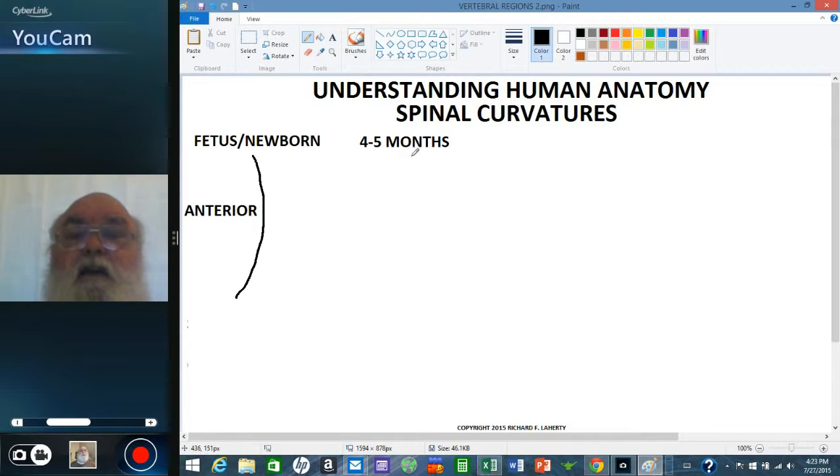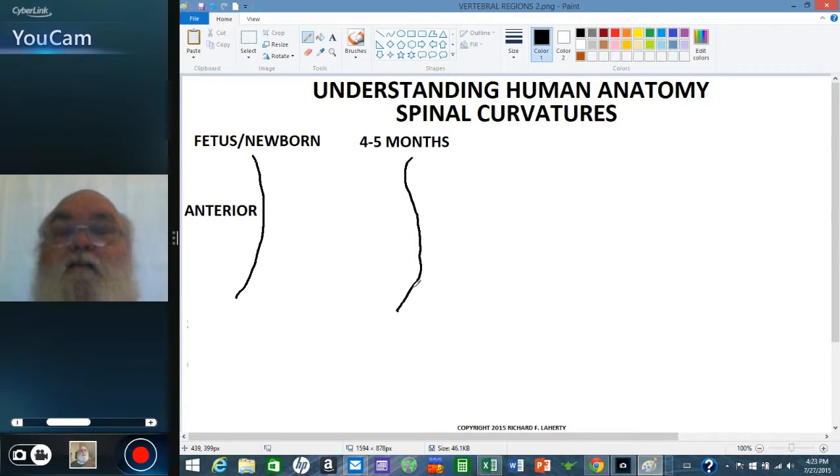What we'll see is a curve that's concave posteriorly in the cervical region, and then the remainder of the spine is curved concave anteriorly.